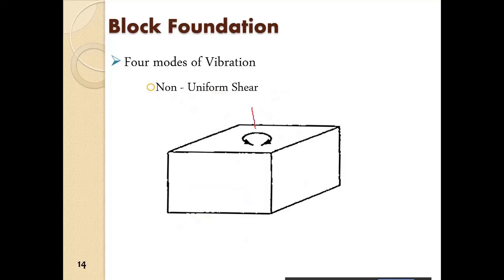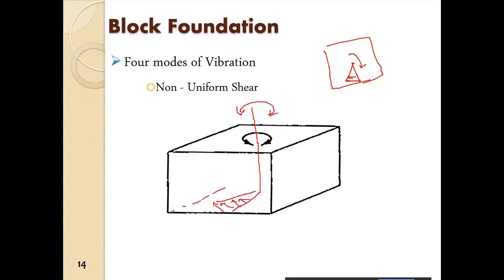Then we saw that when there is a rotation about the z-axis, if this is the foundation and this is the z-axis, and we draw an axis, that axis will rotate like this. So all the soil at the bottom will be rotated in this manner.